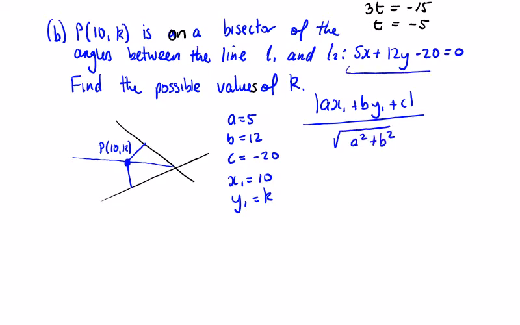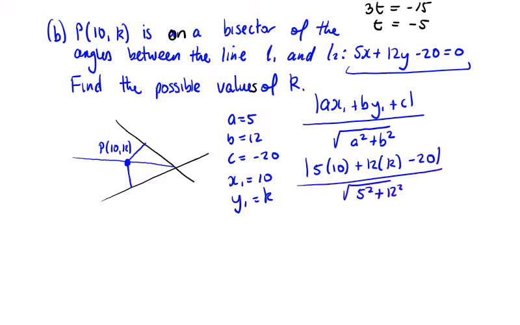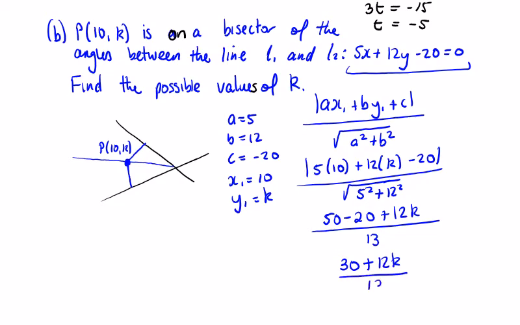So using L2 first, we'll do L1 second. 5 by 10 plus 12 by k minus 20, the absolute value of these, all over the square root of 5 squared plus 12 squared, which we know is 13 at this point. So that's going to be 50 - 20 + 12k over 13, which will give me 30 + 12k over 13.